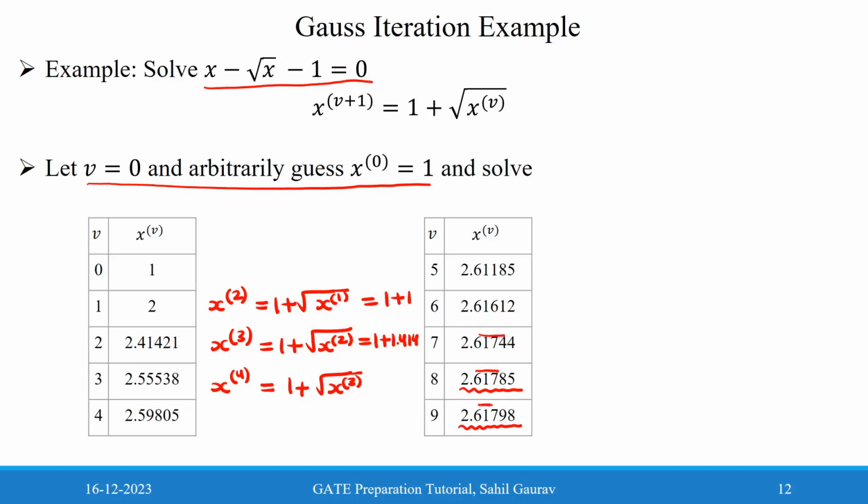For v is equal to 7, 8, 9, these terms are equal after two decimals. So we can take x_v equal to 2.61798 as the approximate solution for this nonlinear system using the Gauss iteration method.